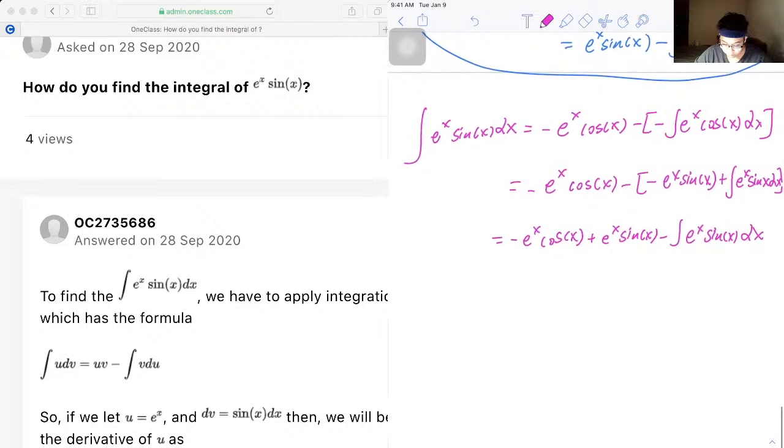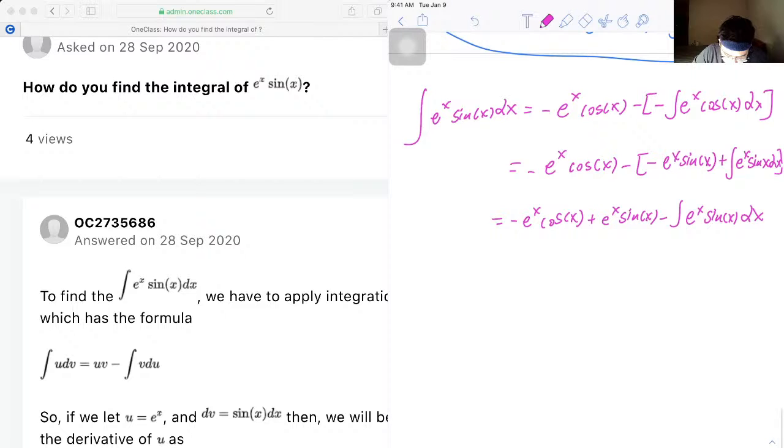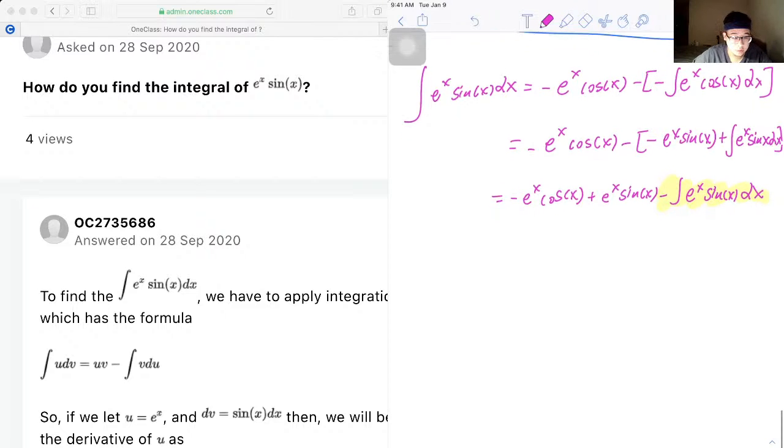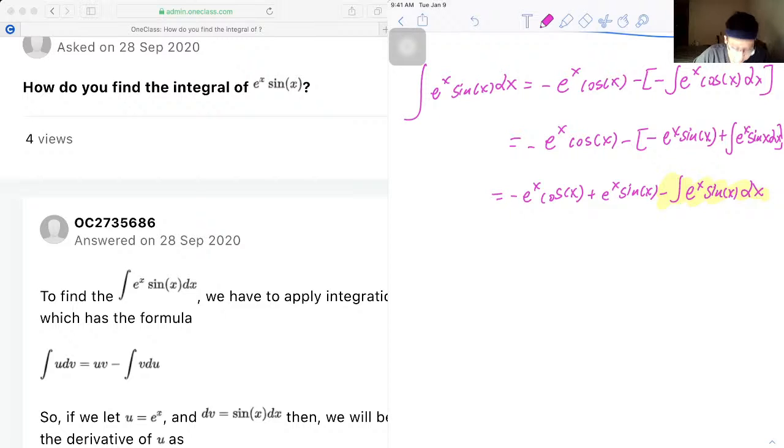And now let's move this part to our left hand side. So we will have 2 times integral e^x sine x dx equal to negative e^x cosine x plus e^x sine x.